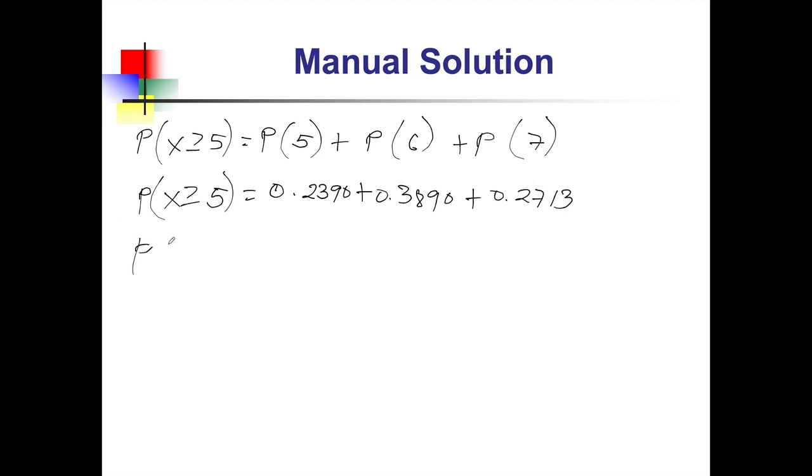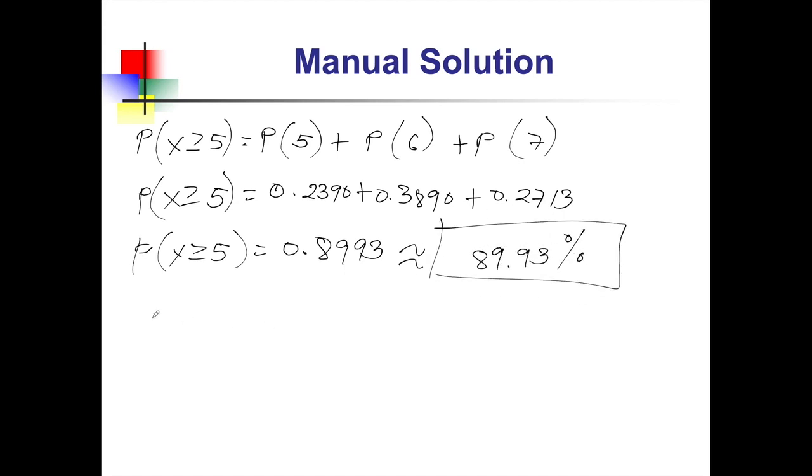Okay, for the probability of x greater than or equals to 5, that will be, total nito, i-add lang, 0.8993, or in percentage, this is 89.93%. Meaning to say, kung meron tayong 7 tao, so 1, 2, 3, 4, 5, 6, 7.